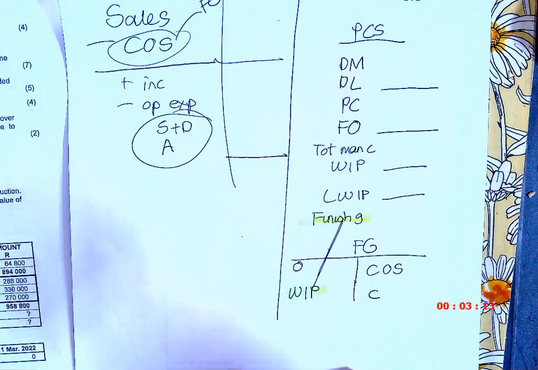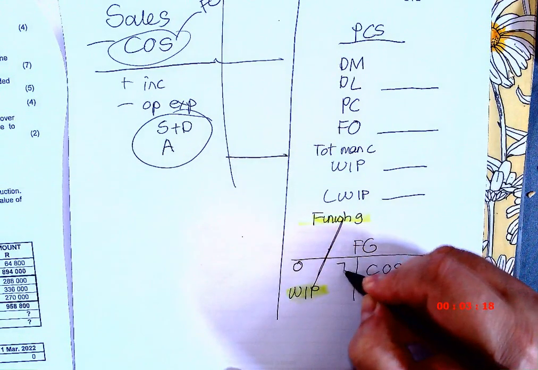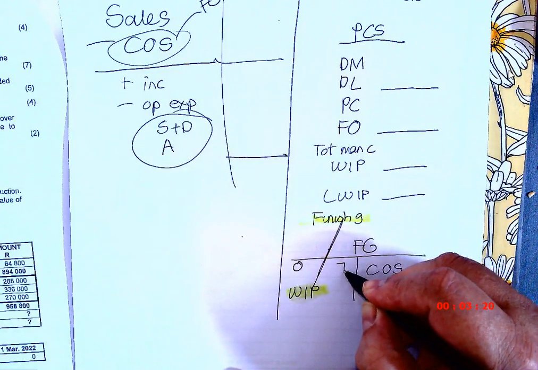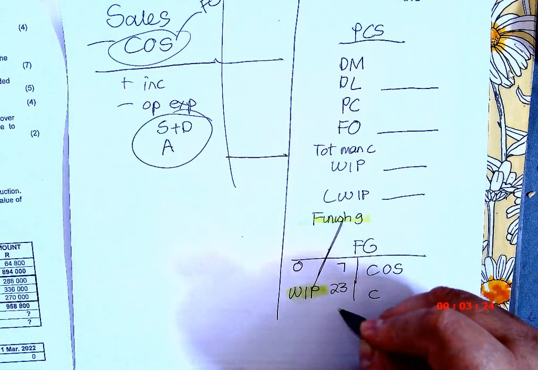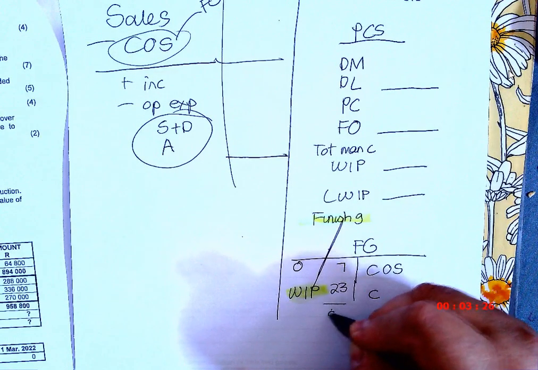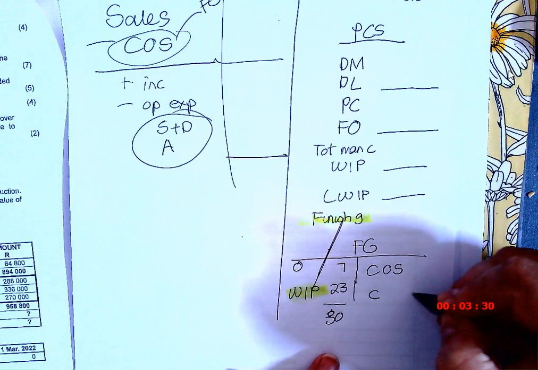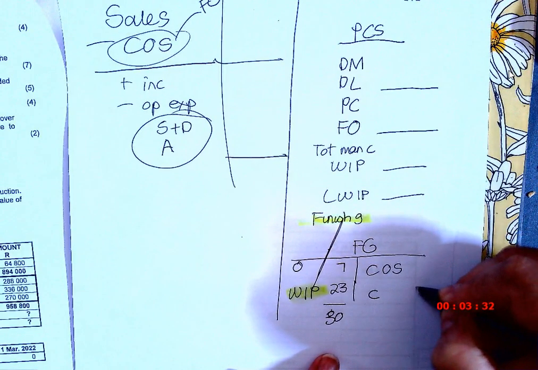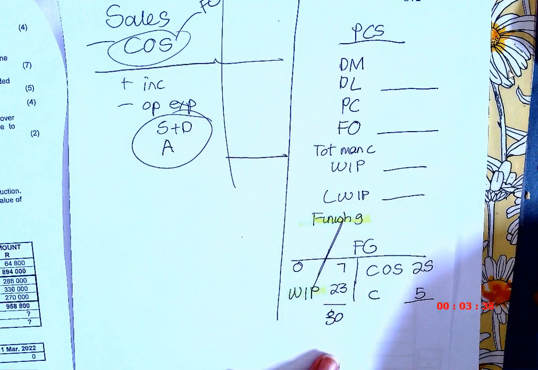So let's just do it in a picture. I have 7 rulers. I finished producing 23 rulers, which means I've got 30 rulers. In the end, when I do my stock take, there are 5 rulers left, which means I sold 25.